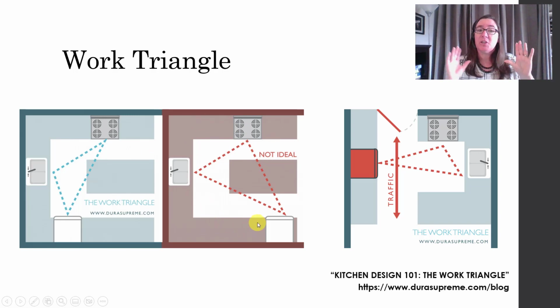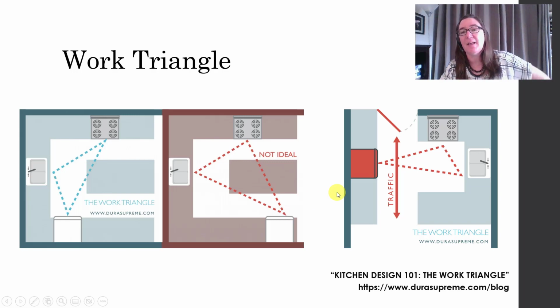It's the same shape and size kitchen, but they've moved the refrigerator from here to here. And you can see that suddenly our work triangle does not work. It runs right through that island, and it says not ideal, but I would even go as far as to say that this is not acceptable.